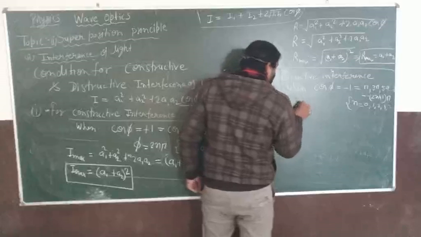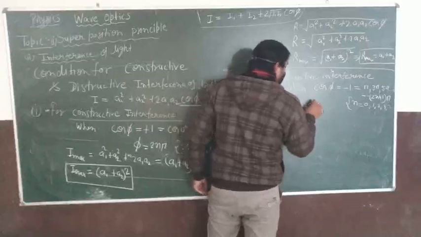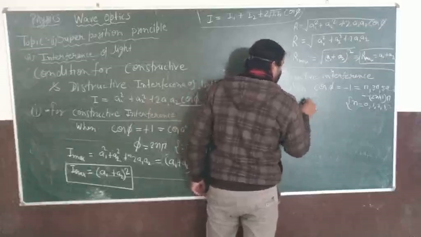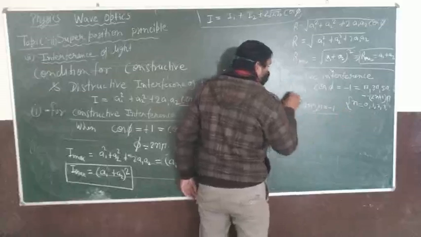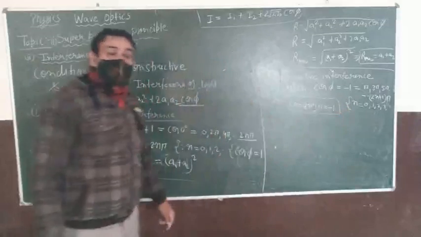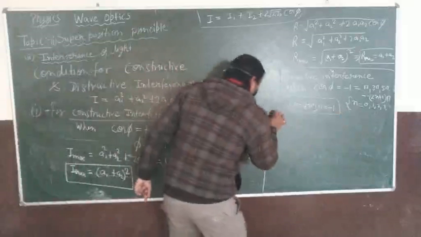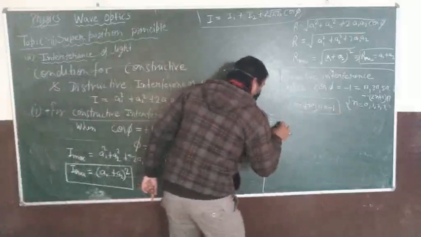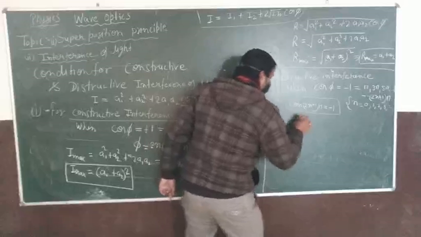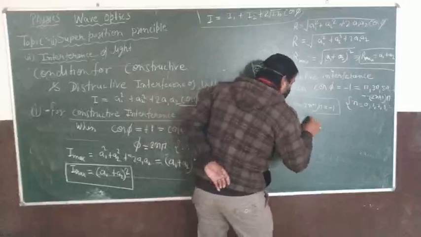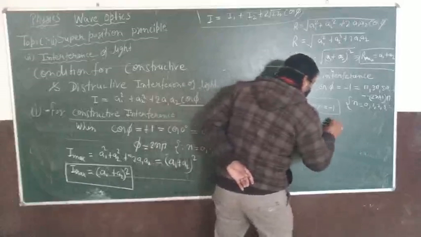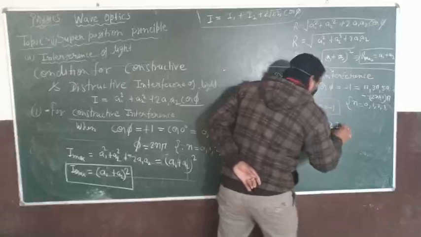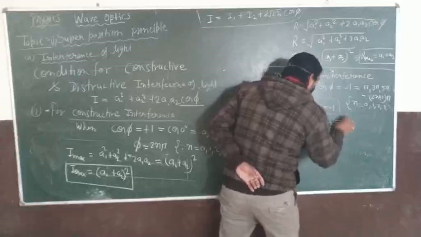For cos of 2n plus 1 pi, we get the result negative. Then the intensity is minimum, which is equal to I1 plus I2 minus 2 root I1 I2.